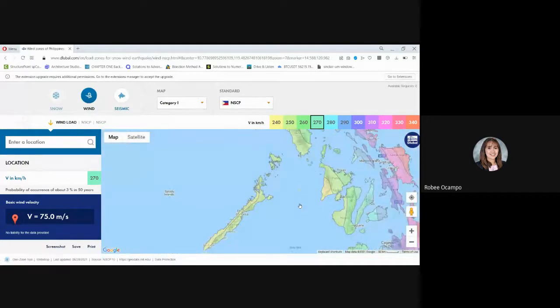The most western part of the Philippines is assigned the lowest, 240, and going to the eastern side of the Philippines, the value of our basic wind speed gets larger and larger. And of course, the value also differs for every category.